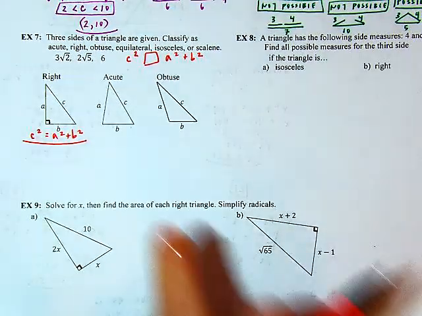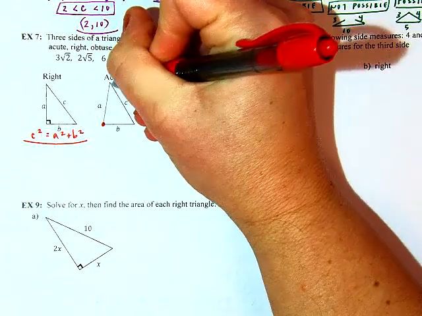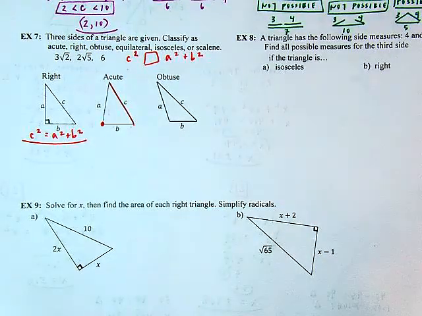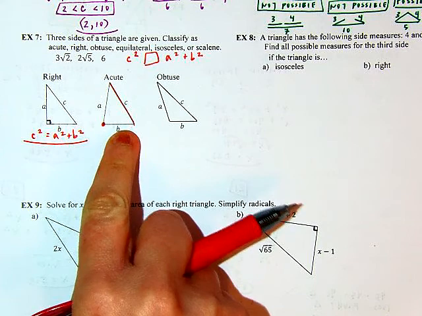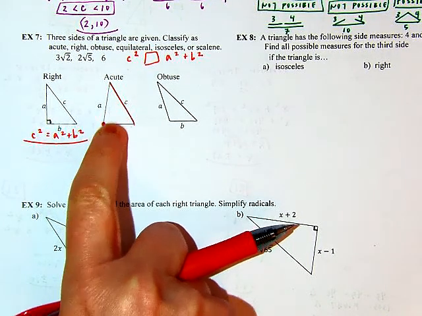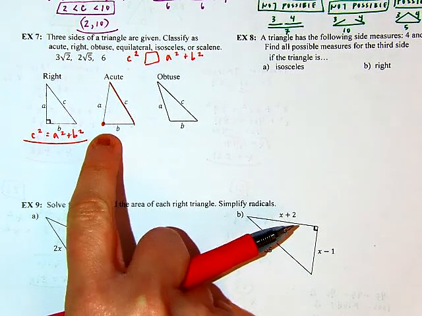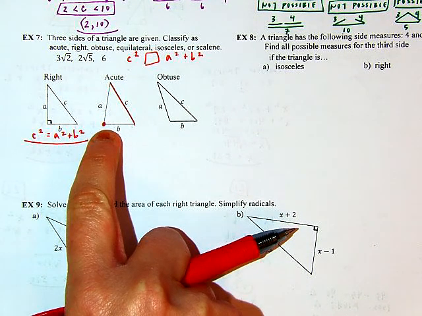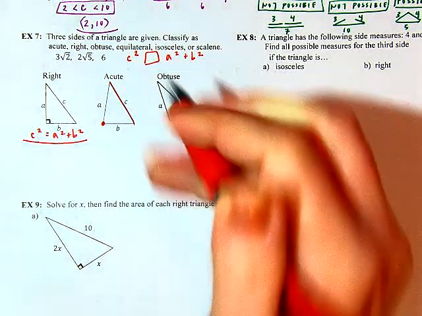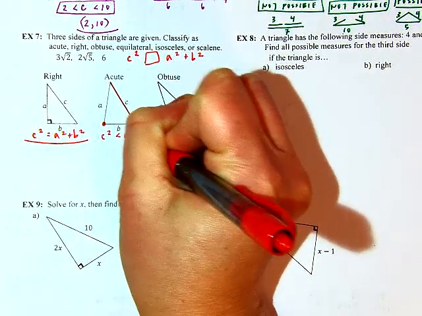But if it's acute, I'm looking at the angle opposite C, the largest side. All of these angles would be less than 90 to be acute, so c squared would have to be less than a squared plus b squared. That would make it acute.